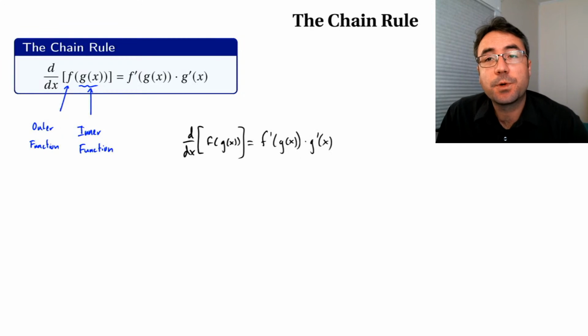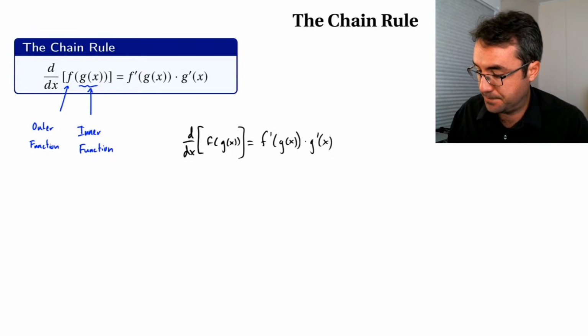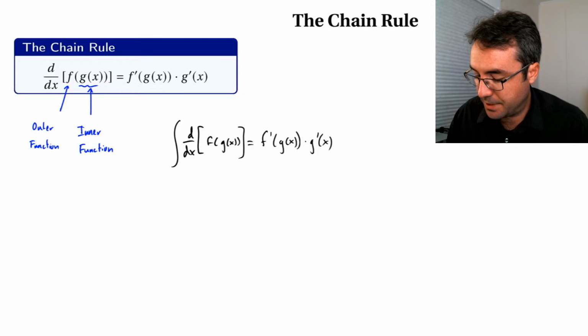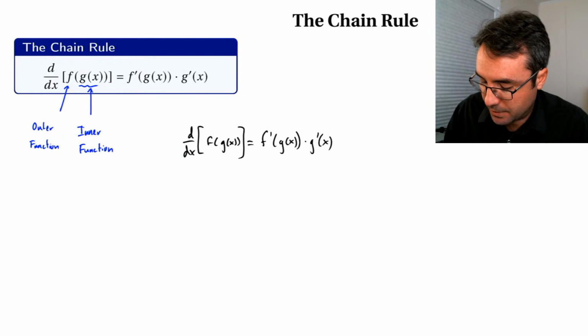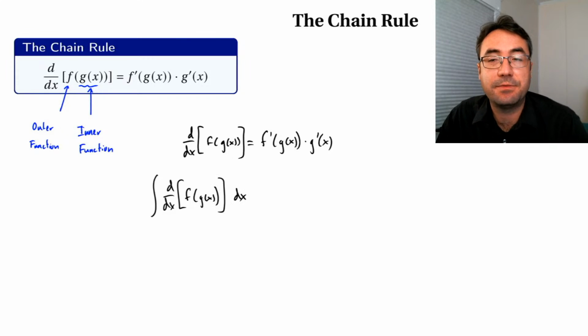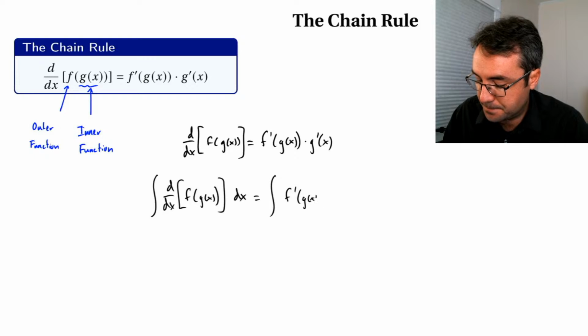What we're going to do is apply the integral to both sides of this equation, so we're going to integrate both sides. I need a little bit more room. So let's integrate the left side, and that just gives us the integral of a derivative, and then we put our dx at the end of the integral. We're going to do the exact same thing on the right, so we're going to integrate the right side.